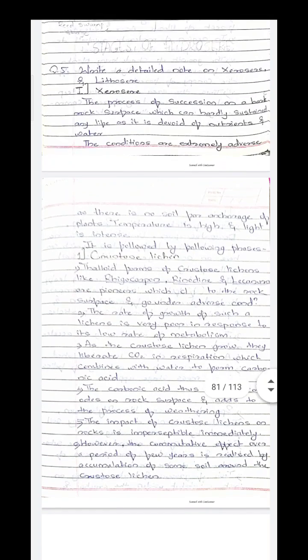In this xeric succession or Xerosere, the first phase is the crustose lichen. The thalloid form of crustose lichens like Rhizocarpon, Rinodina and Lecanora are the pioneers which grow on the rock surface under adverse conditions.